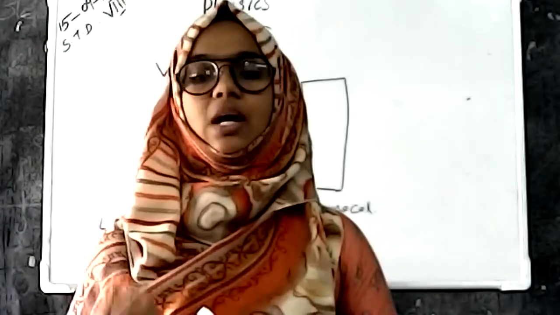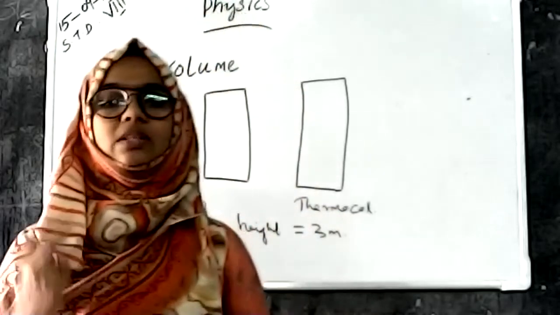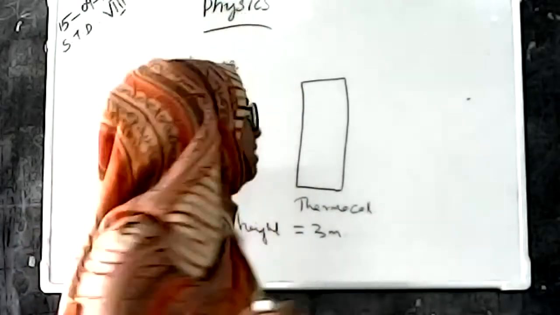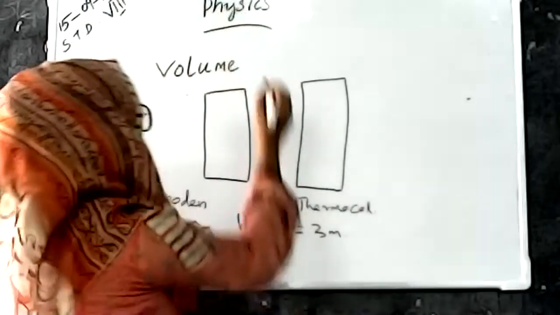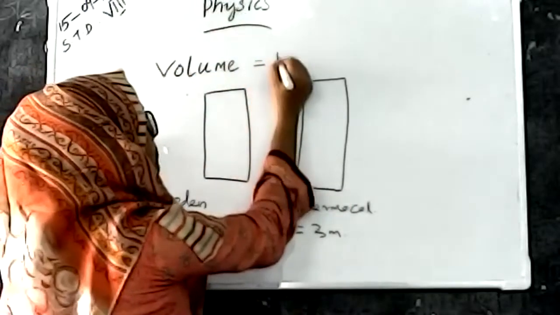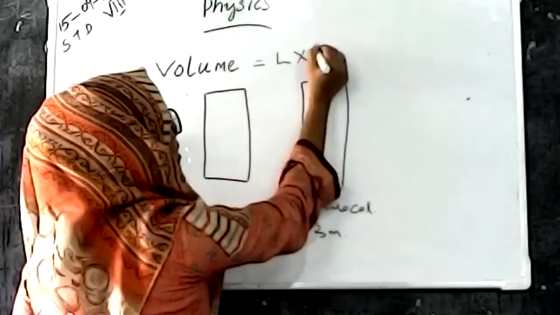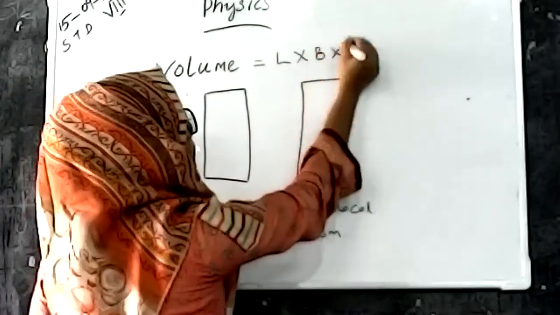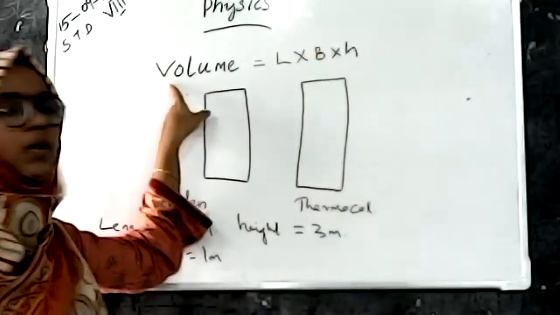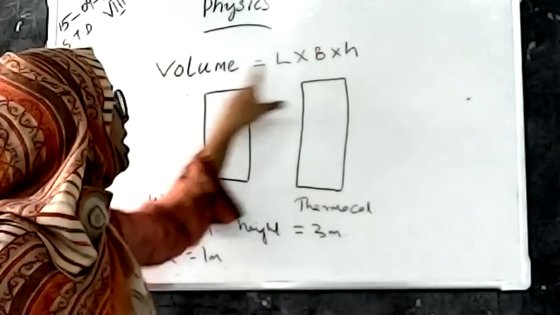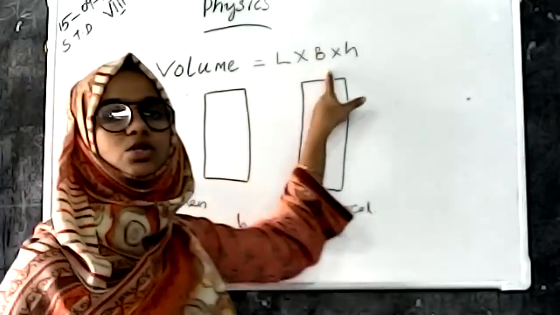And we calculate the volume of these two blocks with the equation: volume equals length into breadth into height. The equation for finding volume is length into breadth into height.